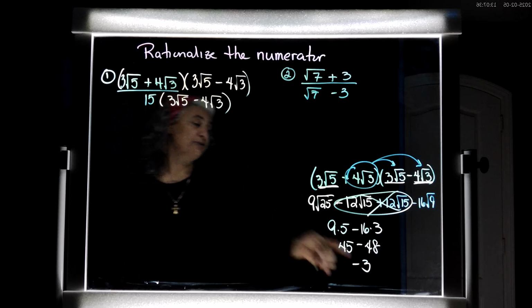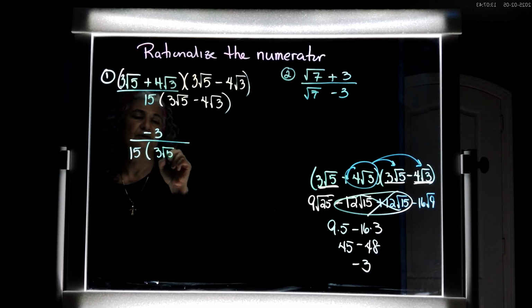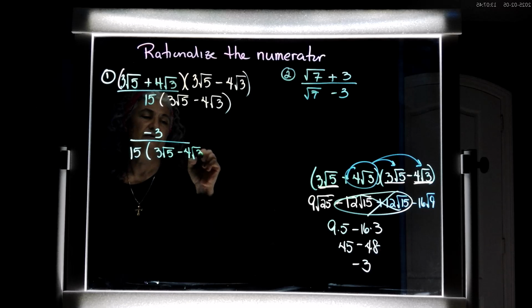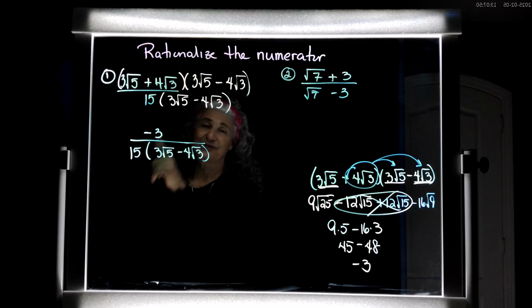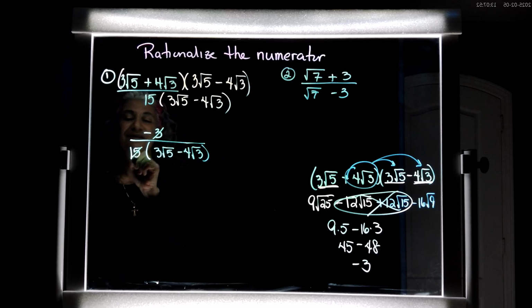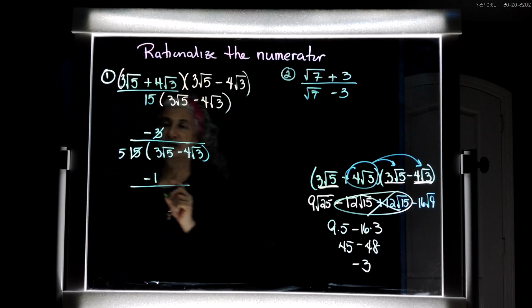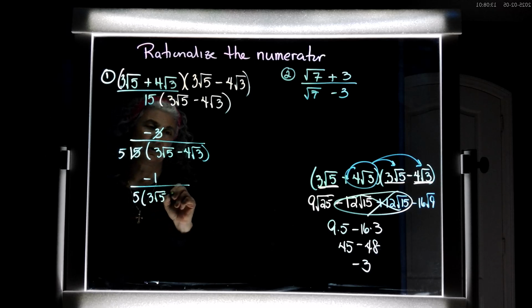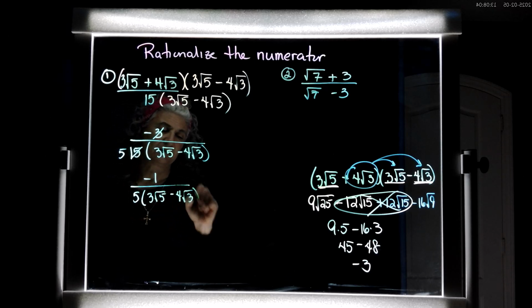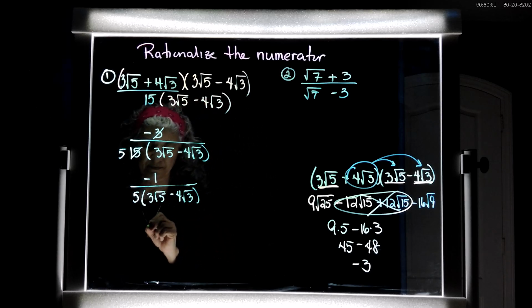We have the numerator turned out to be a negative 3. Wonderful. The denominator is 15 times this wonderful looking parenthesis. There's a lot going on in that parenthesis, but that's okay. But do you notice you can reduce? Yeah, that's why I don't multiply the denominator right away, because if I'm able to cancel, I want to see what I can cancel, and I can see it very easily this way.